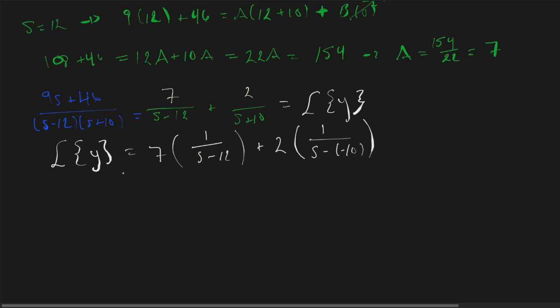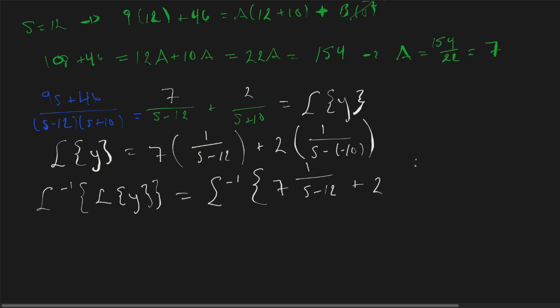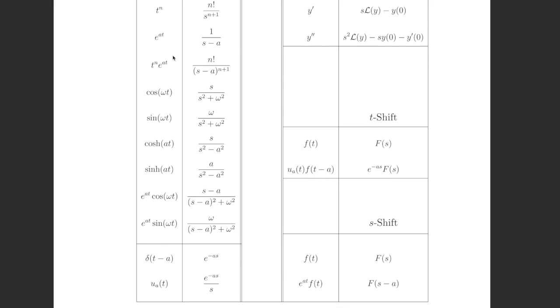So now we're going to get, taking the inverse of Laplace on both sides. So taking the Laplace inverse of the Laplace is equal to the inverse Laplace of both of these, which is 7 times 1 over s minus 12 plus 2 times 1 over s minus a minus 10. And we see we're going to be using this one right here.